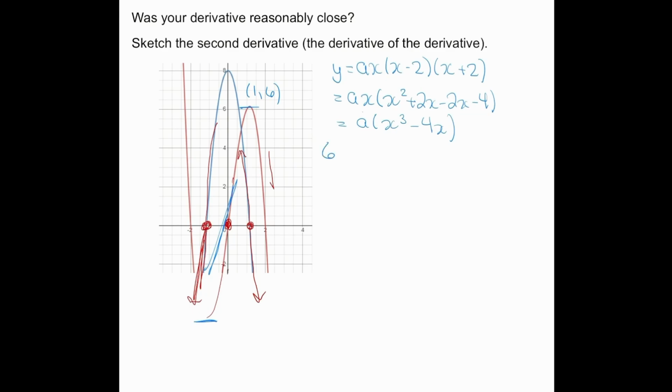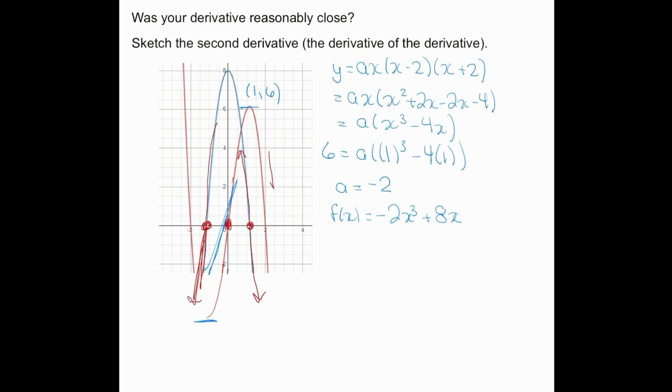So y equals 6 when x equals 1: a times (1 cubed minus 4 times 1). So a will end up being negative 2. Now we can write the equation for the original function. f of x is equal to negative 2x cubed plus 8x.